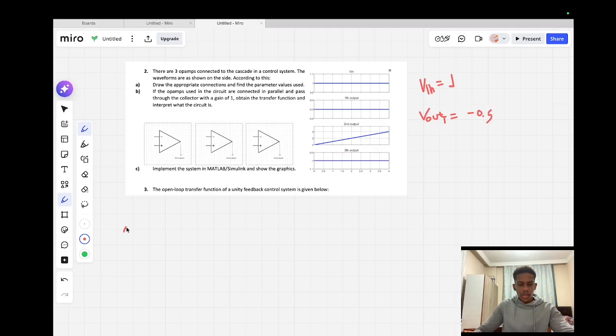So the first voltage gain A1 equals Vout over Vin, so it equals minus 0.5 over 1.